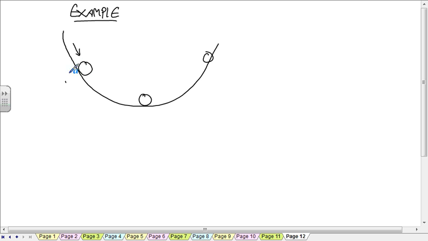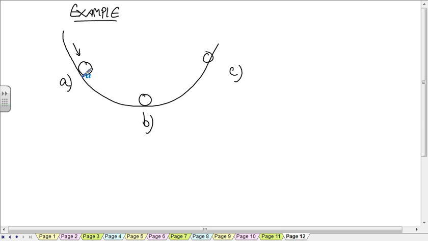So let's say this is instant A, B, and C. What's the direction? Point in the direction of the velocity vector at A. So the velocity vector, the direction it's traveling, is going to be parallel to that surface. So that's the velocity vector.